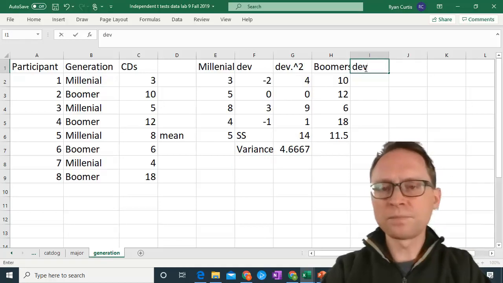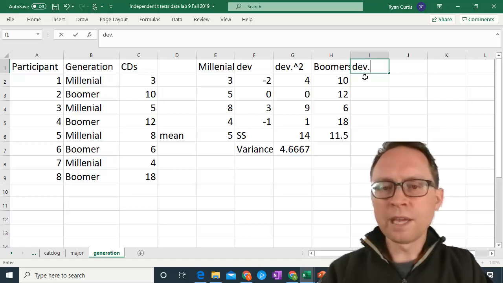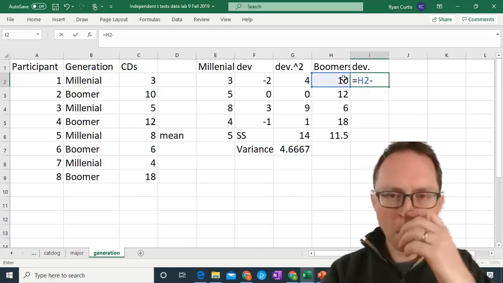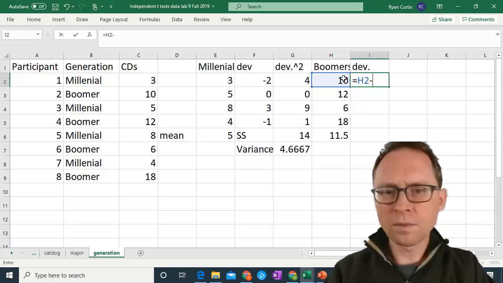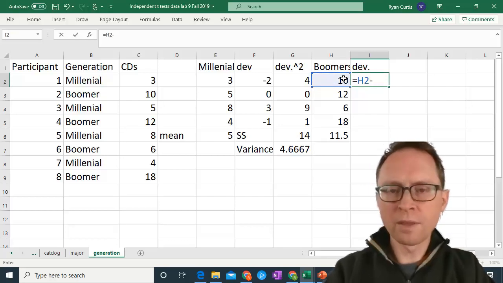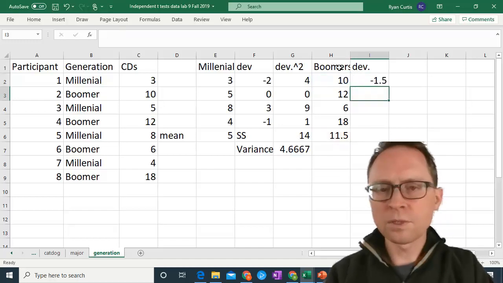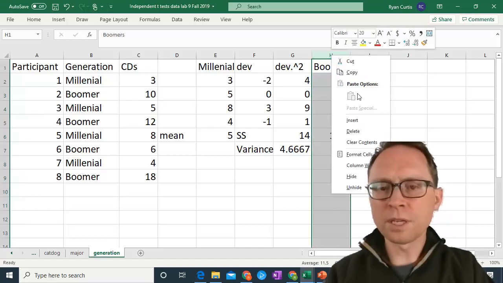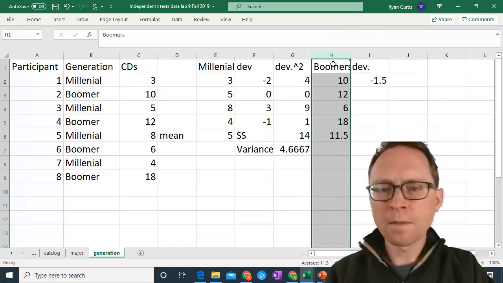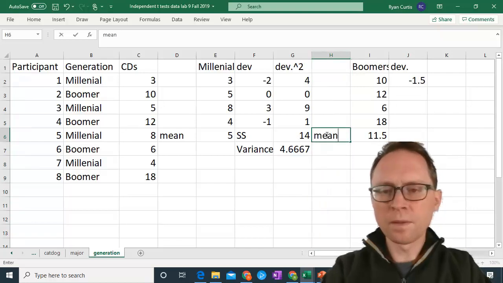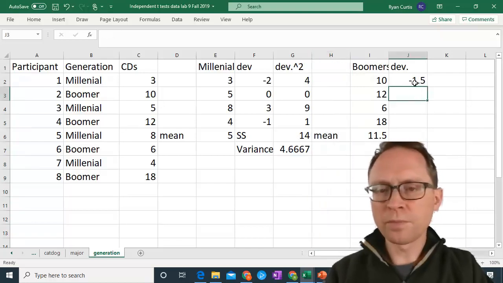We get the deviation. The deviation is x minus x bar sub 1, which is 11.5. Let's go ahead and I'll add an inserted variable here so you can see it. There we go. So this is the mean, x bar sub 2. And then we get one for each of these.